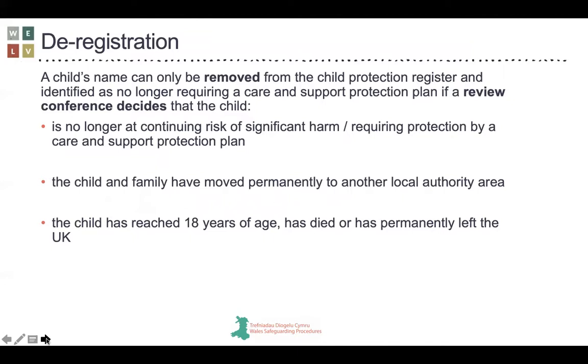The procedures make it clear that a child's name can only be removed from the Child Protection Register, and for the child to be identified as no longer requiring a care and support protection plan, if the review conference determines that the child is no longer at continuing risk of significant harm, no longer requires protection by a care and support protection plan, or the child and family have moved permanently to another local authority area, or the child has reached 18, has passed away, or has permanently left the UK.